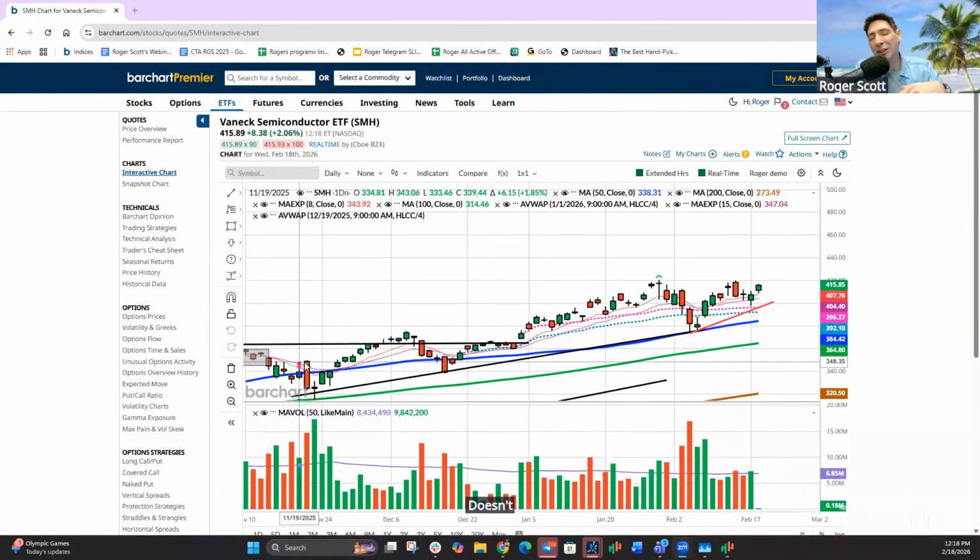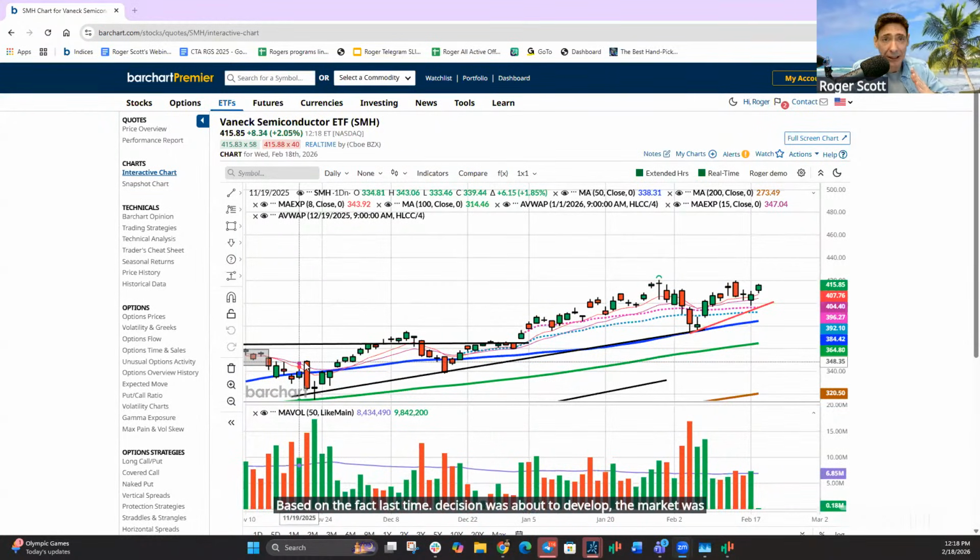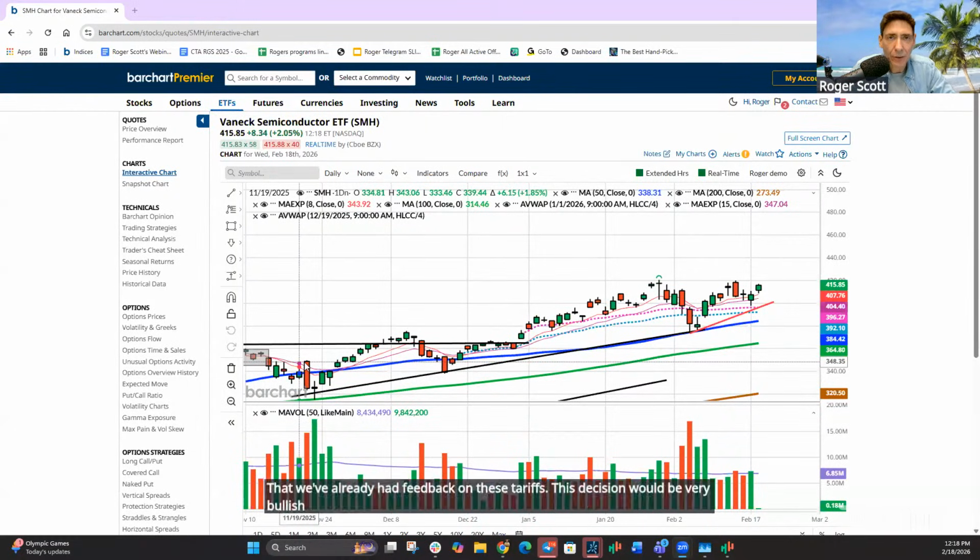Doesn't mean anything; the Supreme Court can give him another year. But based on the two things I know, that last time the market went up like crazy when the decision was about to come out, and that we've already had feedback on these tariffs, this decision would be very bullish for the market, folks.